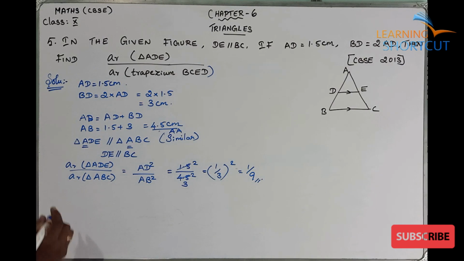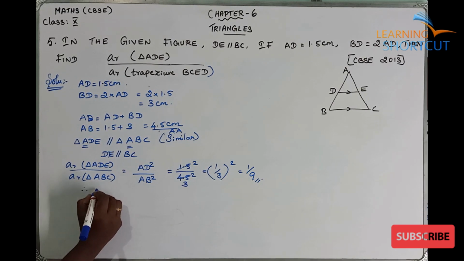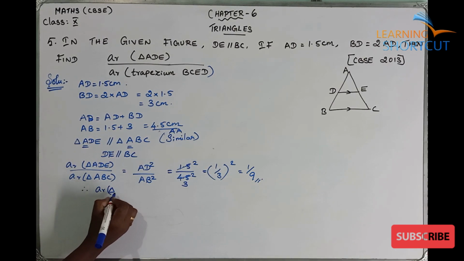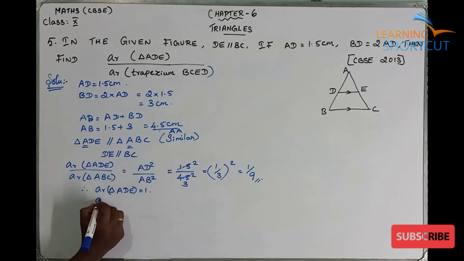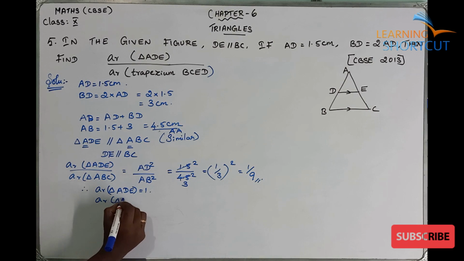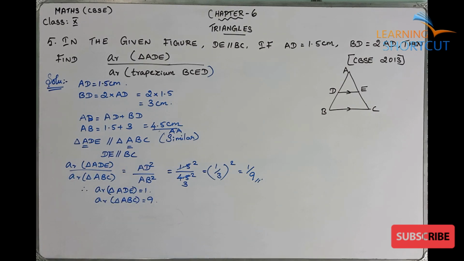So the value of area of triangle ADE will be equal to 1 and area of triangle ABC will be equal to 9. Okay, we have got the value of area of triangle ADE and triangle ABC.